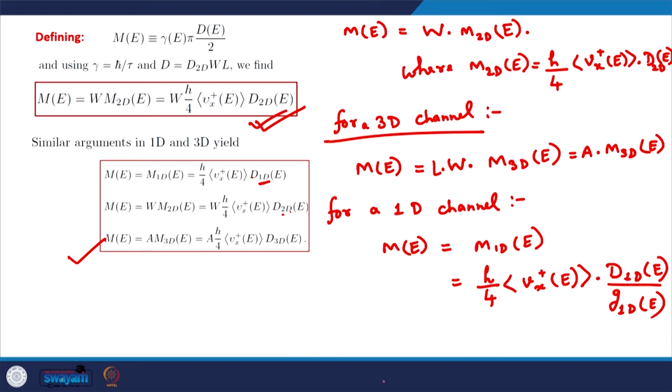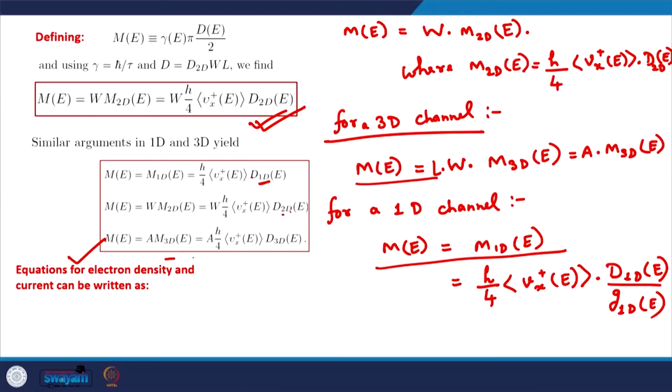Okay. So, we are not explicitly deriving modes for the 3D channel and 1D channel. I would recommend all of you to try this derivation, and this is pretty much similar to the derivation that we did for the 2D channel.